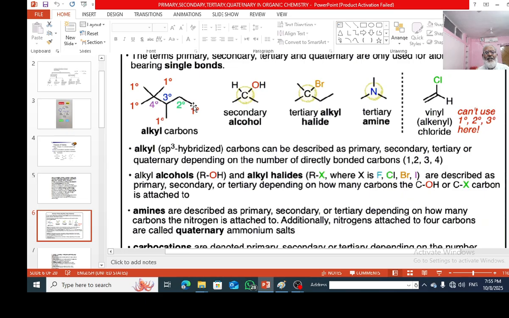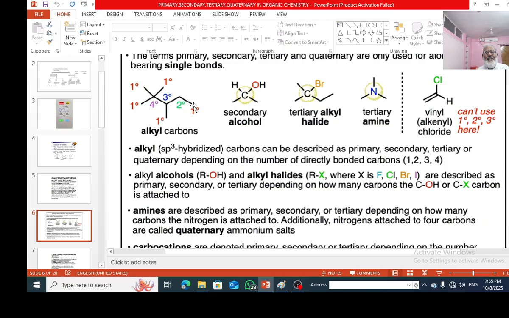This is a secondary alcohol. OH is an indication of the functional group. Alcohols are represented by the functional group OH. On one side it is bonded by OH, and on the other side this carbon is bonded to 2 carbons. Here is the first carbon and here is the second carbon. That's why this is secondary.